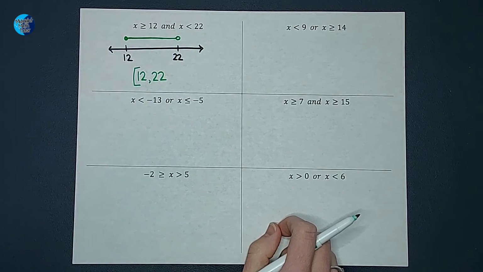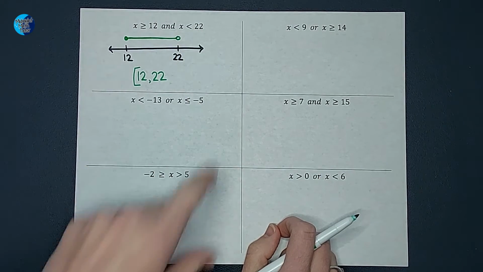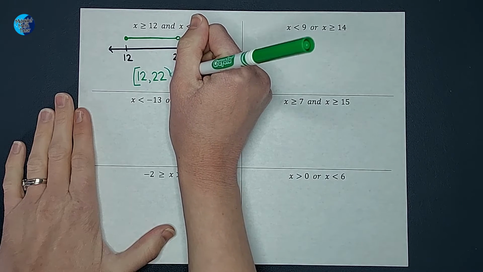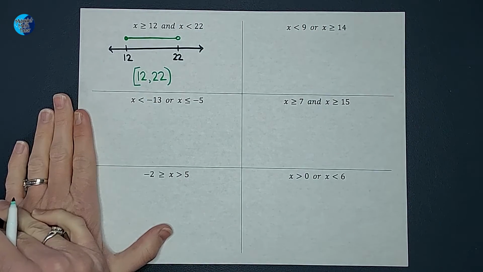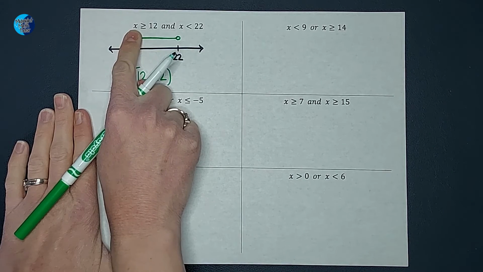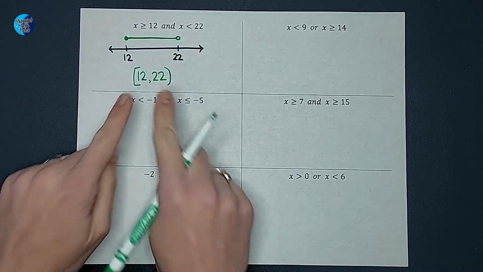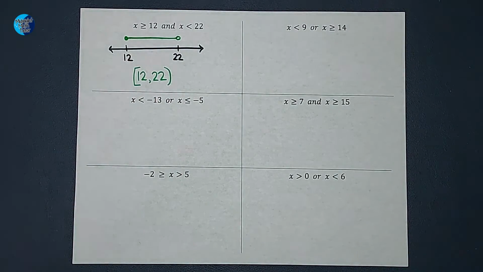It's also less than 22, so it satisfies that one. 22 has the open circle. It did not have the equal to, so I use a parenthesis because it's anything less than 22. 22 would work here, but it wouldn't work for this one, so it can't be in my solution set. So I use a parenthesis. That is the way I would show my answer.